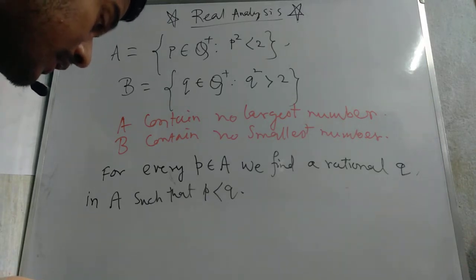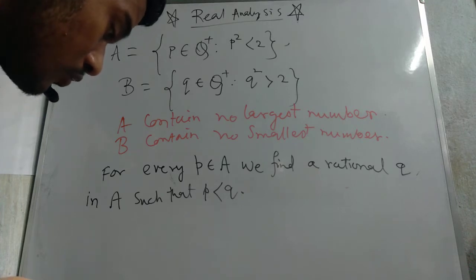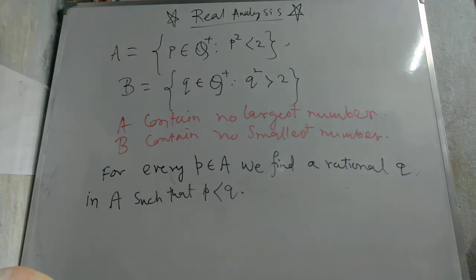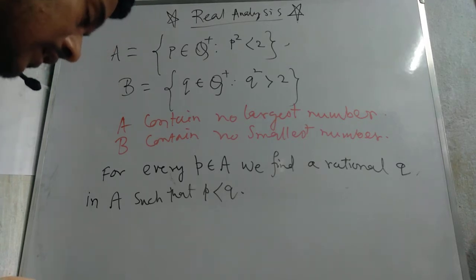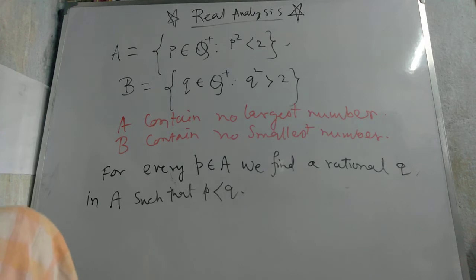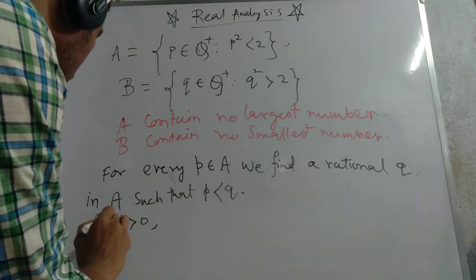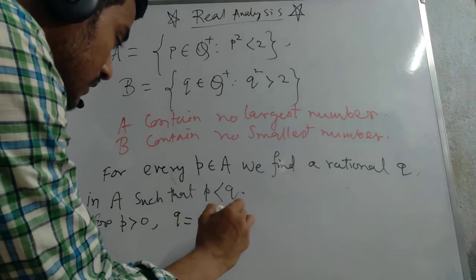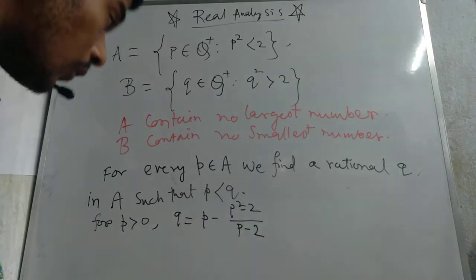Then we go further. For every p belonging to B, we can find a rational q such that q is less than p. Now we associate, for each rational p greater than 0, q equal to p minus (p square minus 2) by (p plus 2).